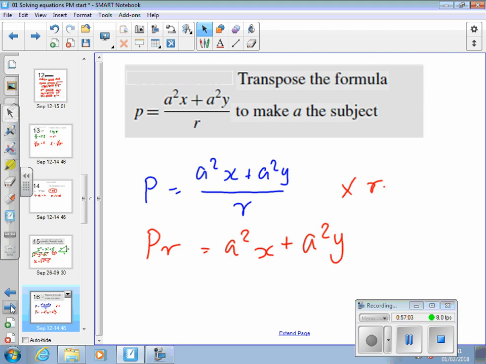Not while they're attached to a squared, you can't. We've got two things involving a and we only want one.